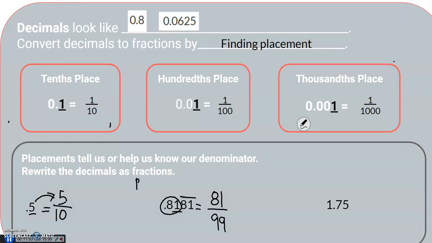So repeating decimals use 9, 99, or 999.